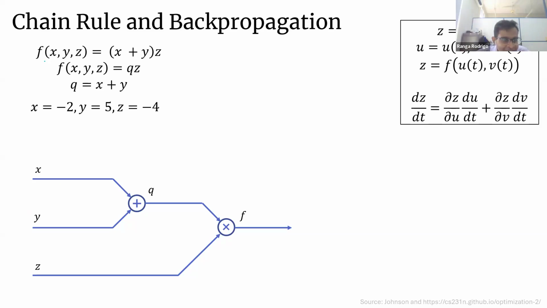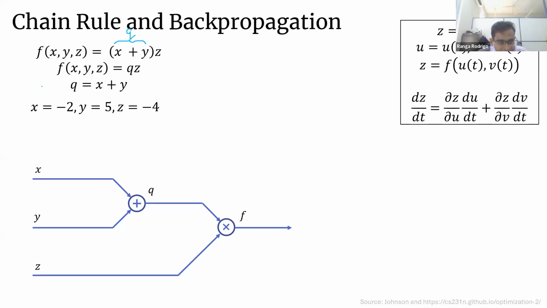Now consider f(x, y, z) equals (x plus y) times z. Very simple, right? What is there to think about it? But we can consider x plus y as q, so that I can explain this chain rule thing.